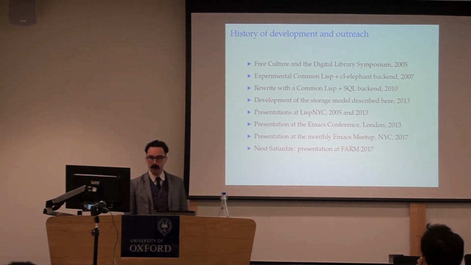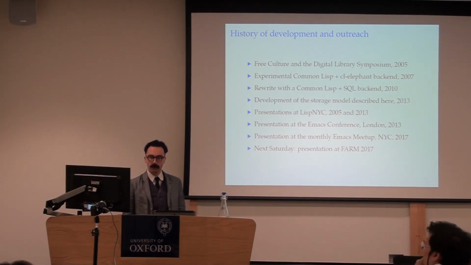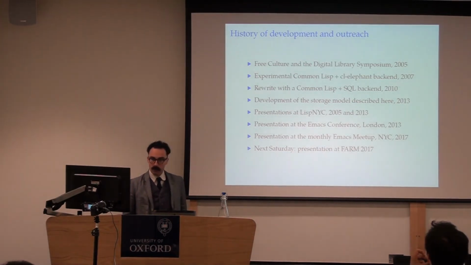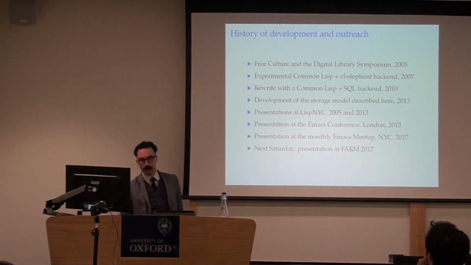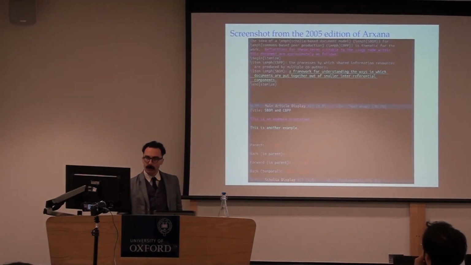But in 2013, Ray created the backend that we're using now, which is this kind of built-in triple store with those things stored in hash tables. So we presented in New York. I talked about it in London a few years back. And Ray just talked about this related stuff in New York again. And next Saturday, I'll talk about the application to mathematics here at Farm 2017.